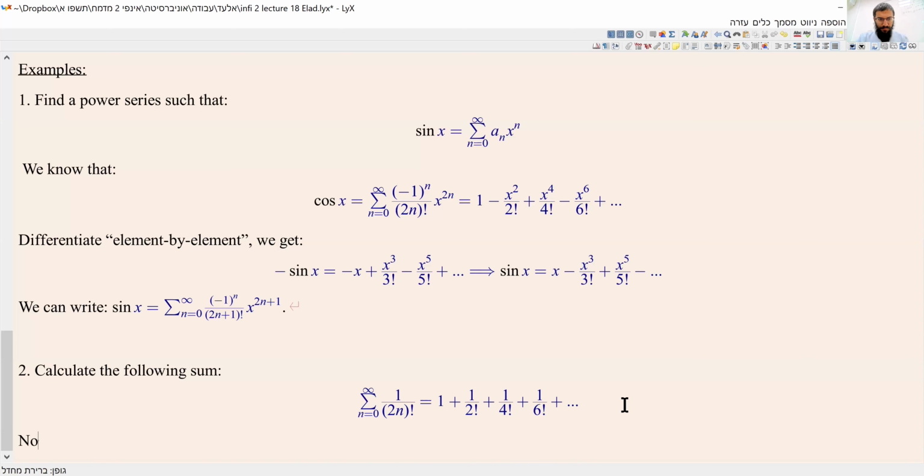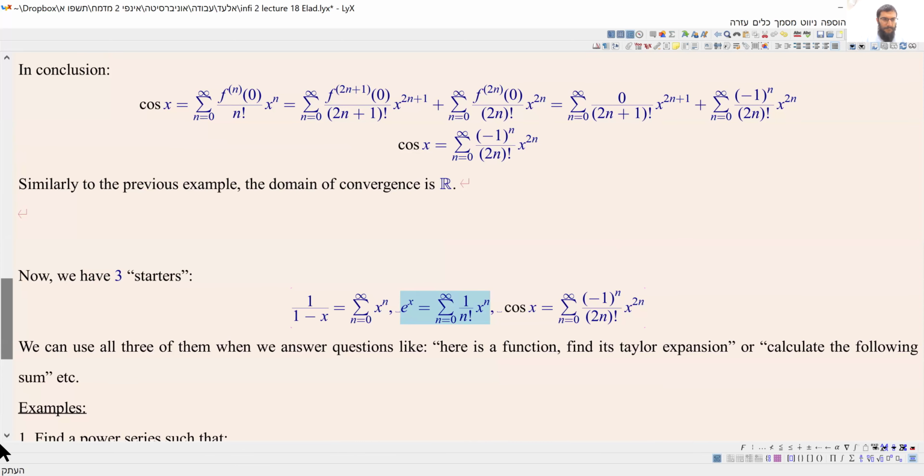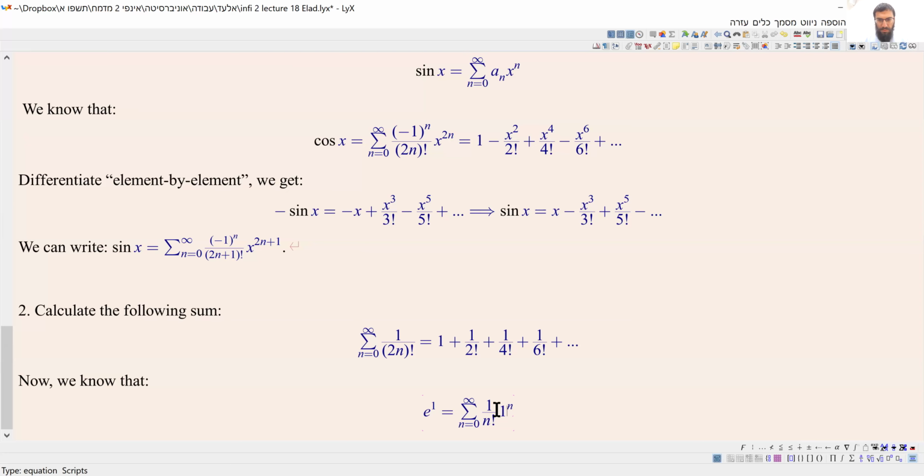Yes. Now, we know that when we look at e to the power of 1, which is a good numerator but a bad denominator, we have 1, and it is 1 again because it's 1 above 1 factorial, plus 1 to the power of 2, plus 1 above 3 factorial, 1 above 4 factorial, 1 above 5 factorial, 1 above 6 factorial, and so on.